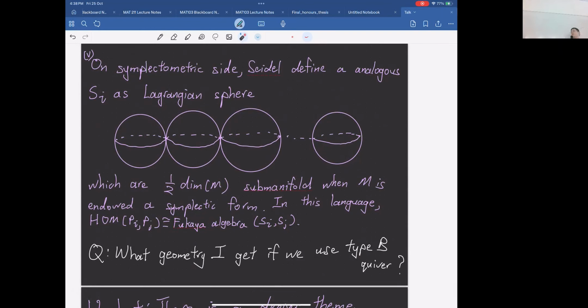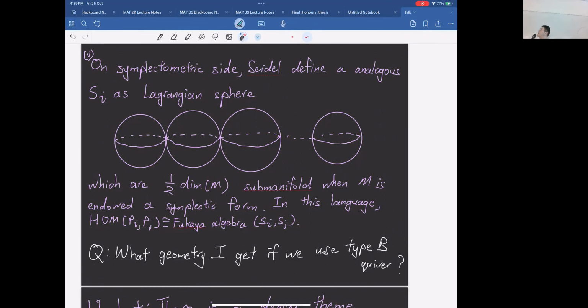So hopefully we try to figure out what kind of Z2 action makes sense to define this Lagrangian sphere. In the classical text by Arnold, they also study type B singularity. So I suspect there's some connection there.